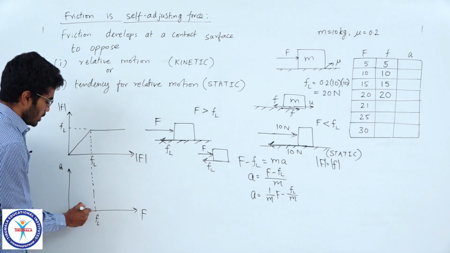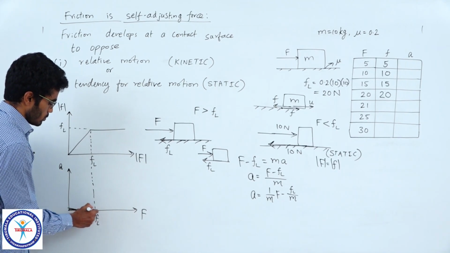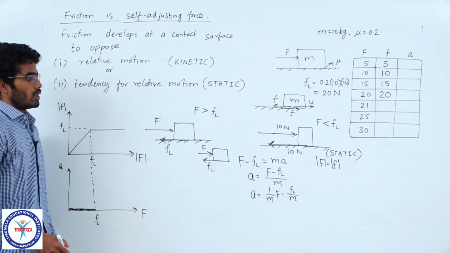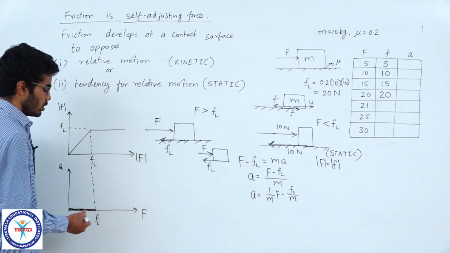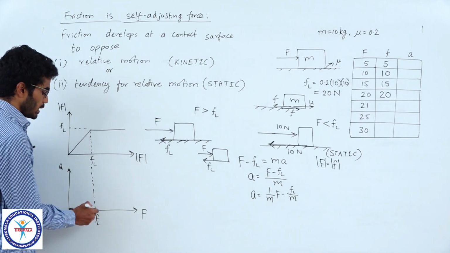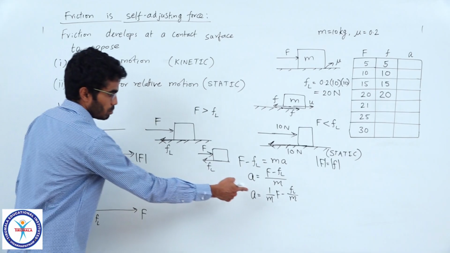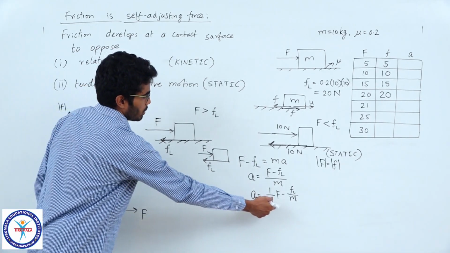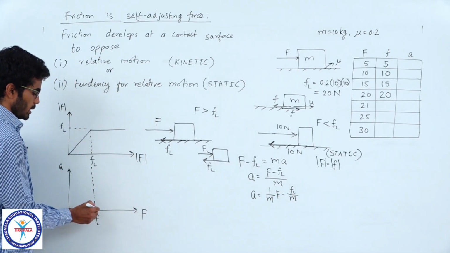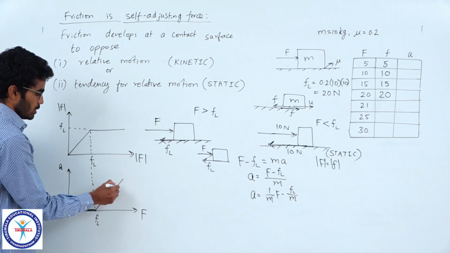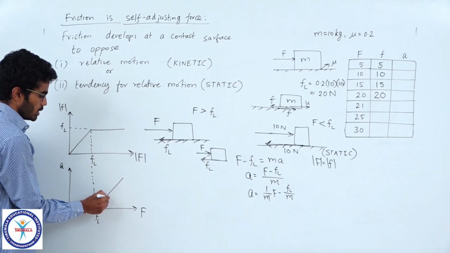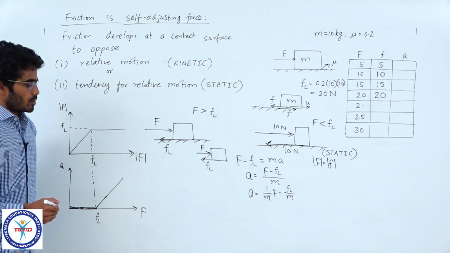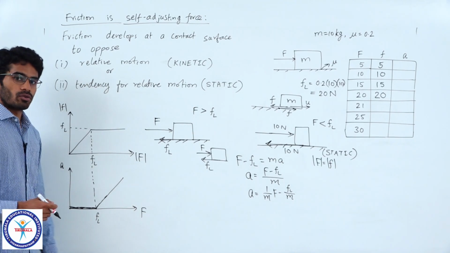So, the acceleration will be 0. Now, if the force is increased beyond FL, it will have an acceleration, and that is given by this equation, y equals mx minus c form. It has a slope, it is a straight line, and the acceleration gradually increases. So, this is how you get graphs for this.